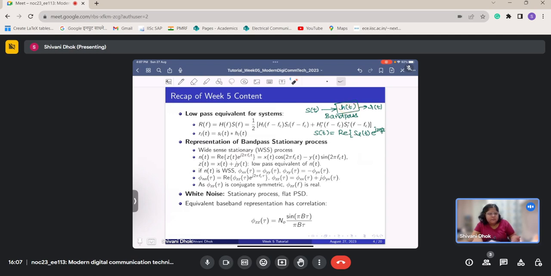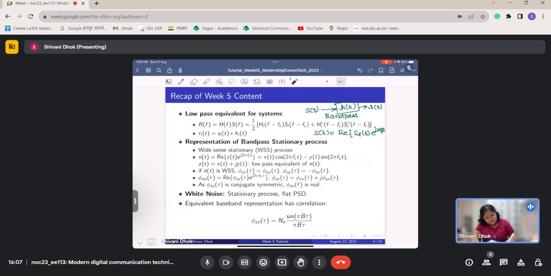Now the next thing that we had to do was the low pass equivalent representation of this output r(t). For that we started by taking the Fourier transform of this band pass signal, which is R(f).